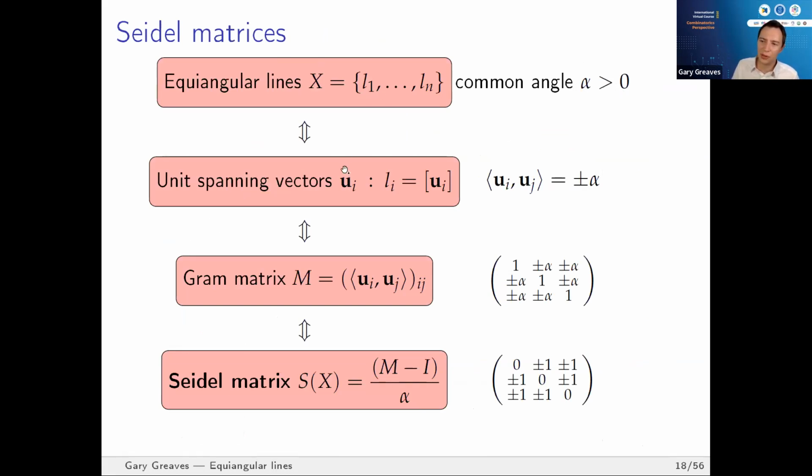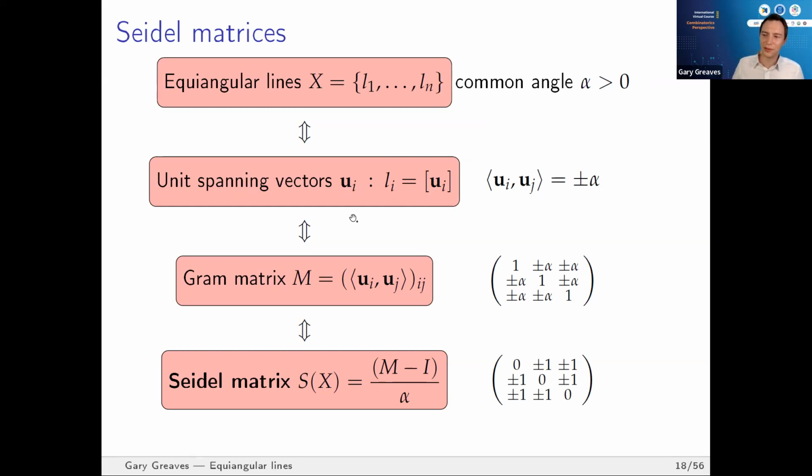Now for each line, we take a unit spanning vector, so we can write each of our lines as the span of a particular unit vector. Then the inner product between any pair of unit vectors has absolute value equal to alpha. Since it's real, the inner product itself must be plus or minus alpha.